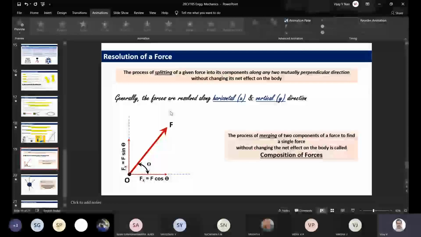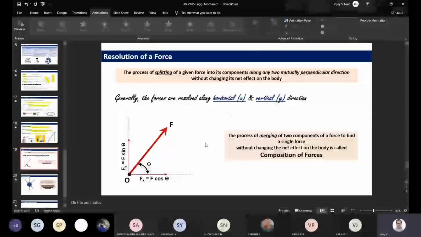You might have already seen resolution of a force in the physics mechanics you studied in secondary schooling. The process of splitting a particular force into its components is called resolution of a force. Generally we resolve the force in two directions, the x direction and the y direction, if you are talking about a Cartesian plane.